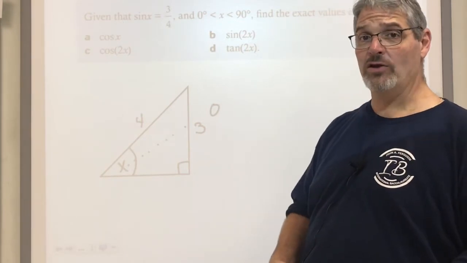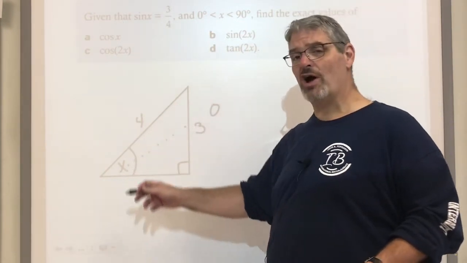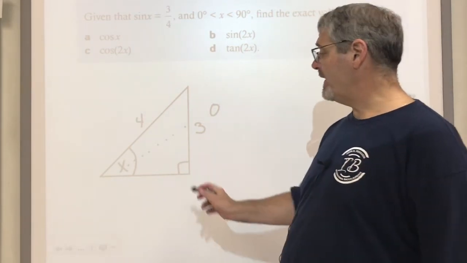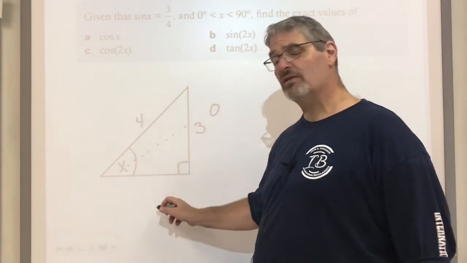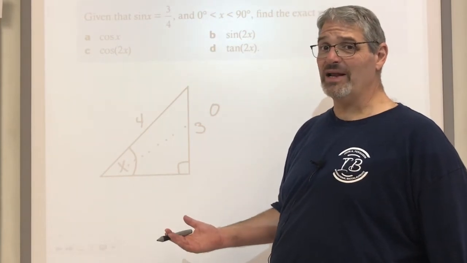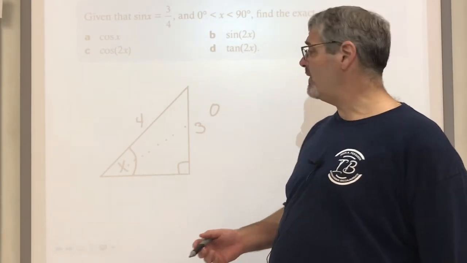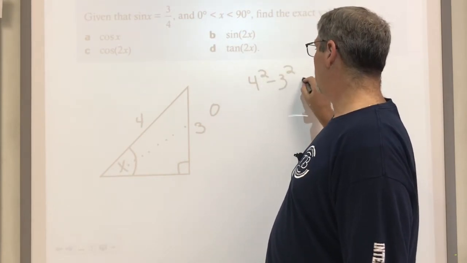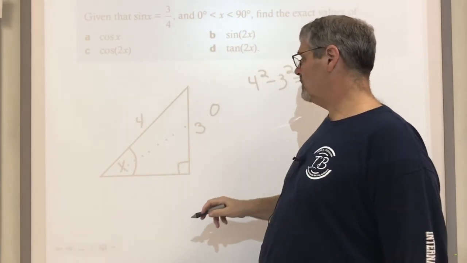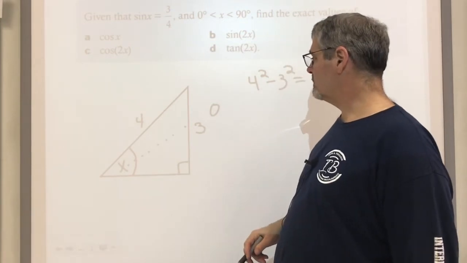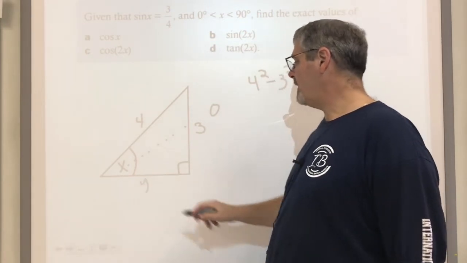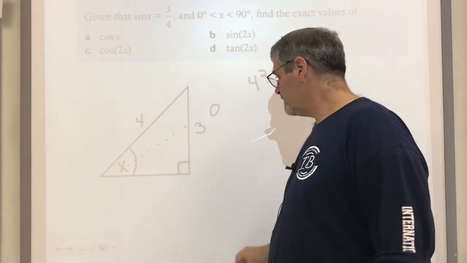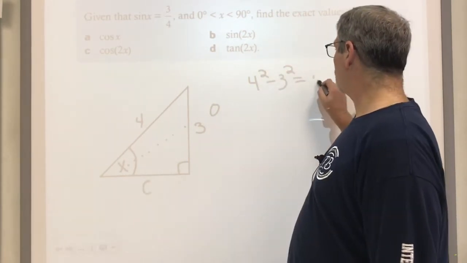Now, using this, it's easier than using an identity like sine squared theta plus cosine squared theta is equal to 1. I can use that, and the book uses that, but I prefer to draw the triangle once I have sine to find cosine. All I need to find is cosine, and to find that, all I really need is the Pythagorean theorem. I say 4 squared minus 3 squared is equal to, well, I guess we'll call this side c, c squared.